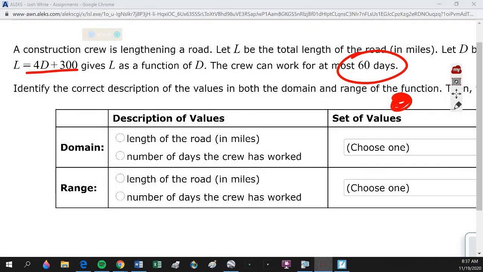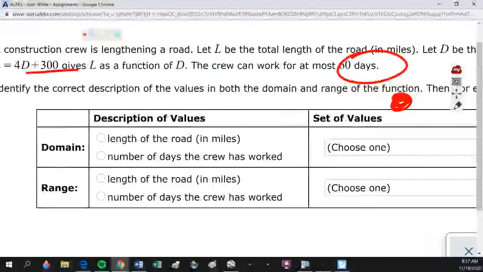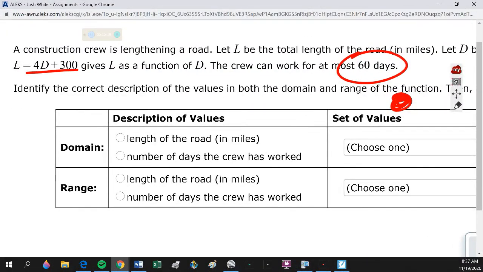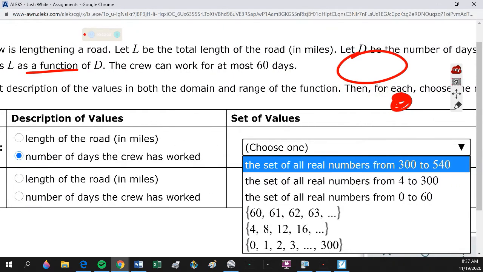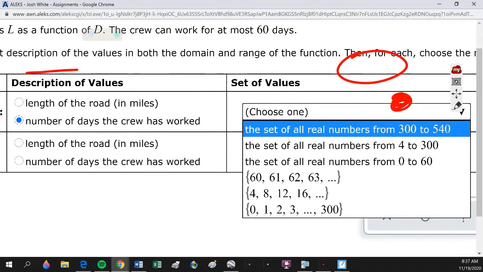All right. So the domain. The domain are the numbers we get to plug in. Do we get to plug in the length of the road or the number of days? We get to plug in days, and what would be the set of days?